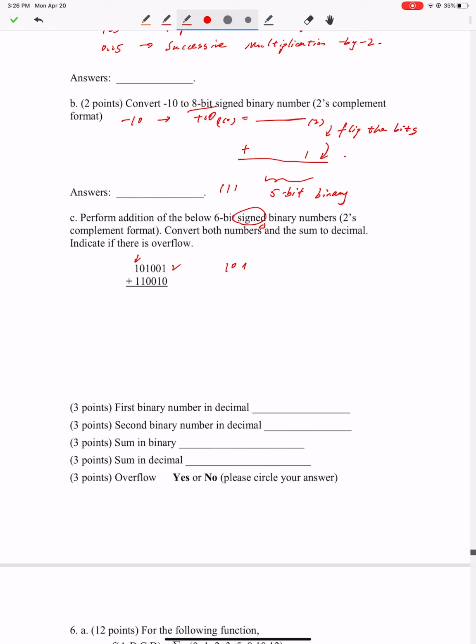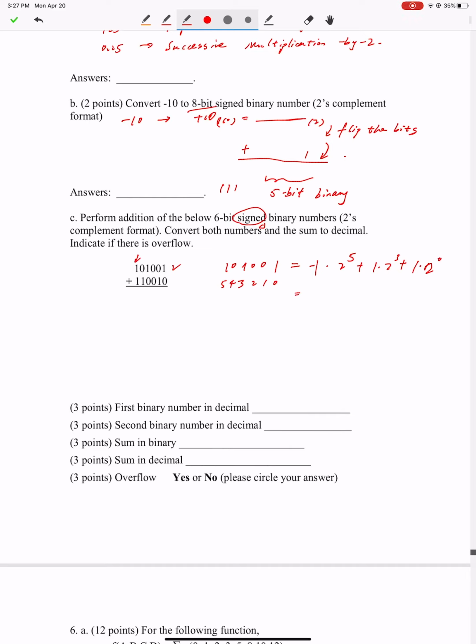So 1 0 1 0 0 1. First we need to count positions, right? Starting from right to left, and starting from 0. So the positions should be 0 1 2 3 4 5. And then we can decode this binary number. Since it's a signed binary number, the first digit is representing -1 times 2 to the power 5, plus 1 times 2 to the power 3, plus 1 times 2 to the power 0, right?